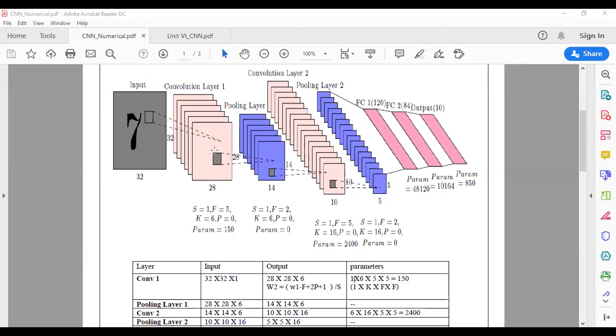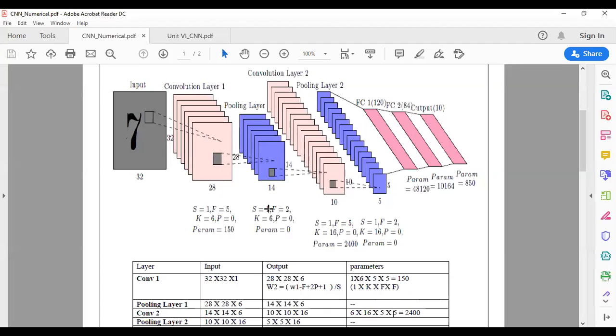Dimension of each filter here was 5 by 5, and you're going to work it out on a single dimension. So that was 1 into 6 into 5 by 5. Second layer, always remember, pooling layer will not have any parameters. So parameters in the second layer are 0 parameters.